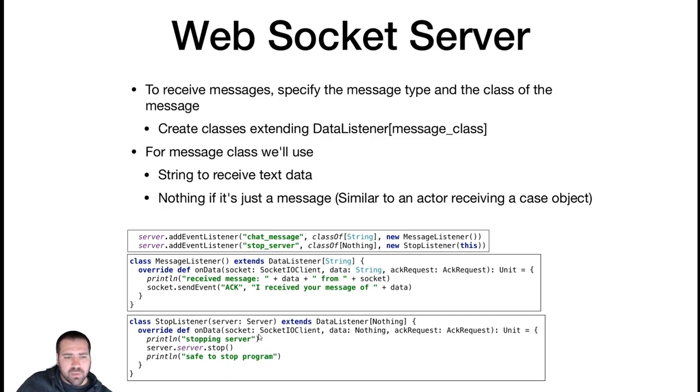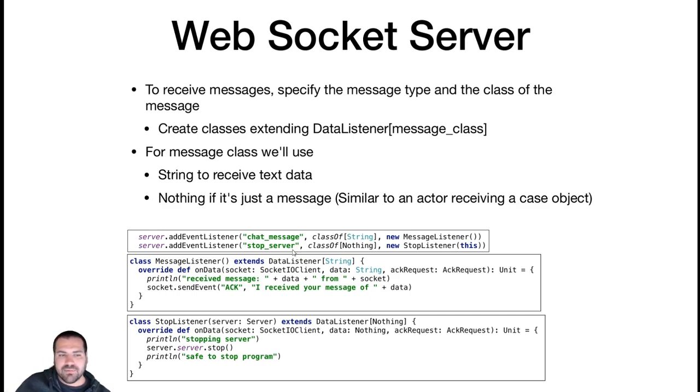So here, when we receive this message, this is more like receiving a case object in Scala. So if we receive stop server of class nothing, data listener of type parameter nothing, data of nothing, this means we're not expecting any data attached to messages of this type.